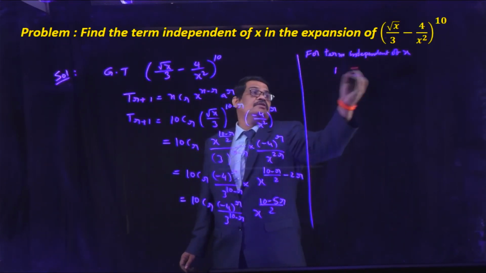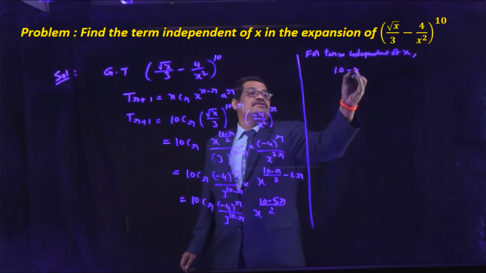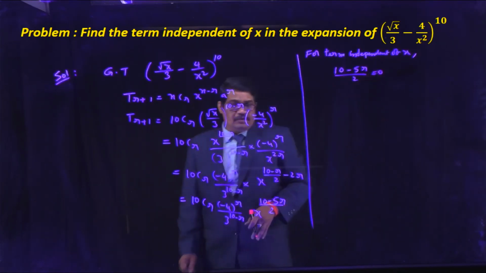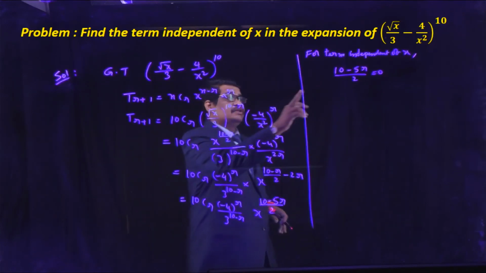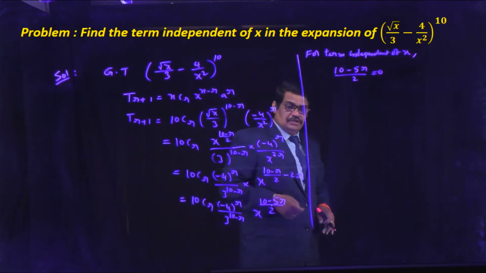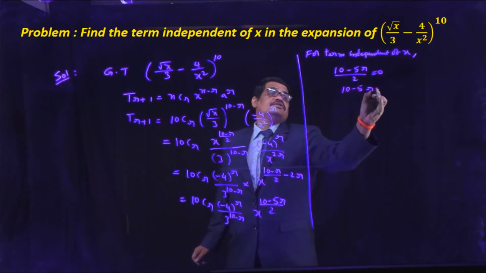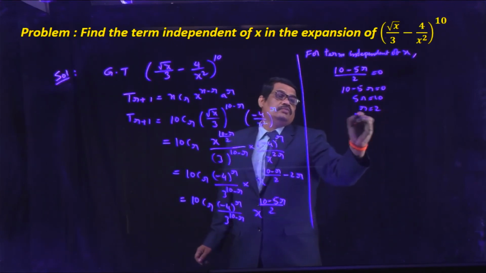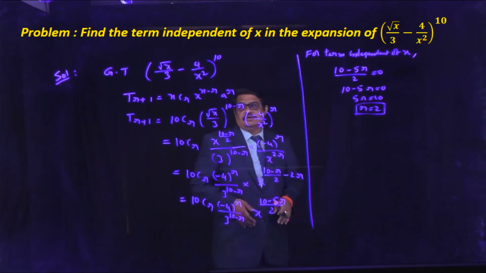That is, (10 − 5r)/2 = 0. From that we get 10 − 5r = 0, that is 5r = 10, r = 2. So for r = 2 we get the term independent of x.